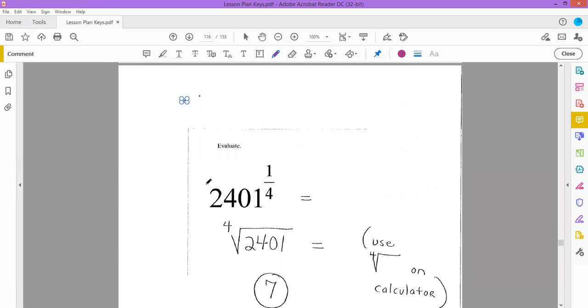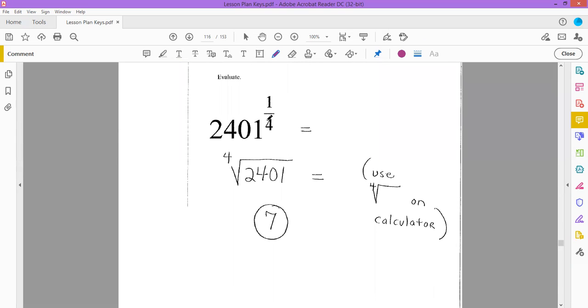All right, now we're converting 2,401 raised to the 1/4 power to root form. So we'll write our symbol. This 2,401 goes underneath the root. Our denominator becomes our root. So it's now the 4th root of 2,401.